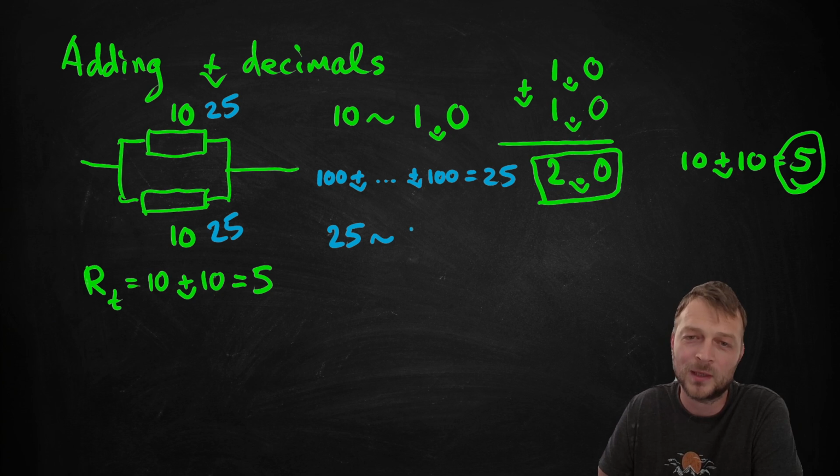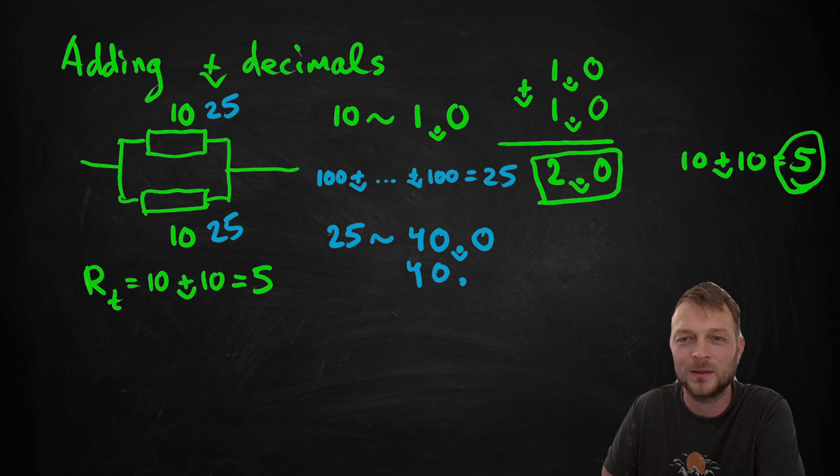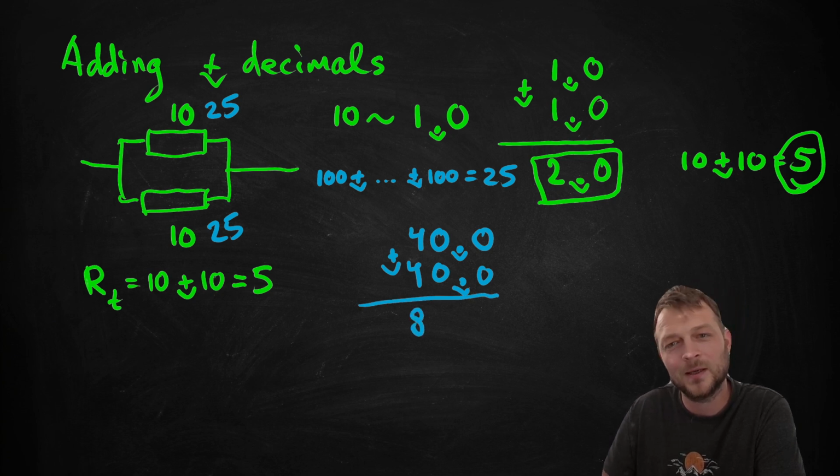So what we have 40 dot 0. That's decimal representation for 25. Okay, now we sum both, with our dual operation. We get 8 is 0 dot 0.